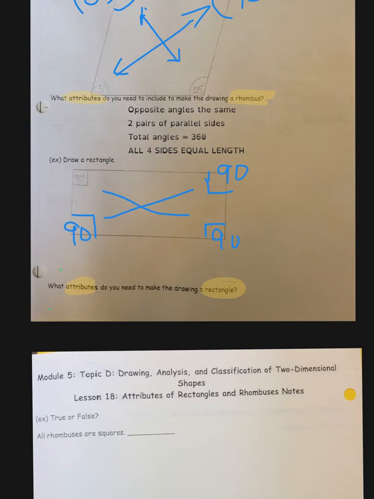So I'm going to write the attributes of a rectangle. So you need opposite angles are equal. Okay, you also need 2 pairs of parallel sides.